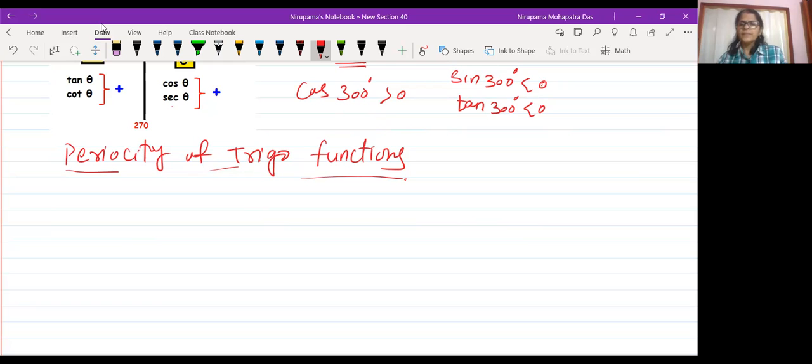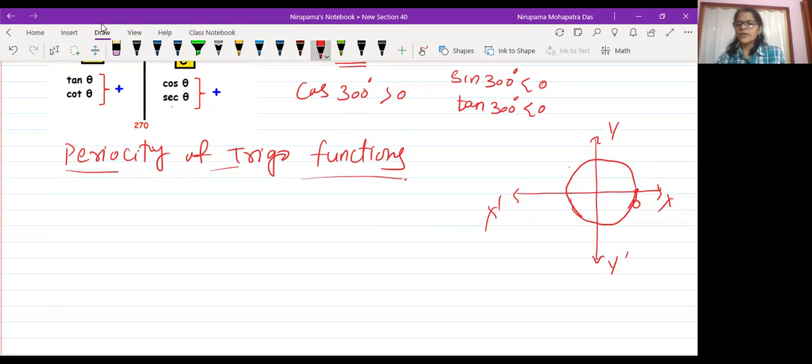For example, as we are moving along the circle, I am taking this one only. So you have the x-axis and y-axis. Your starting point is here, and it is 0 degree or 0 radian. Let's take radian measure only, because we are taking the circle, and in the circular system of measurement, the unit of measuring the angle is radian.